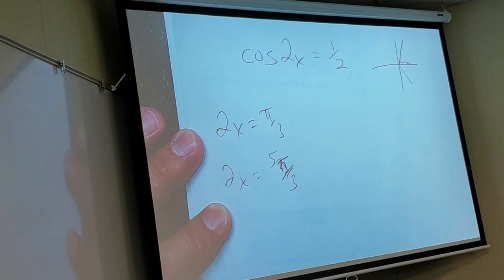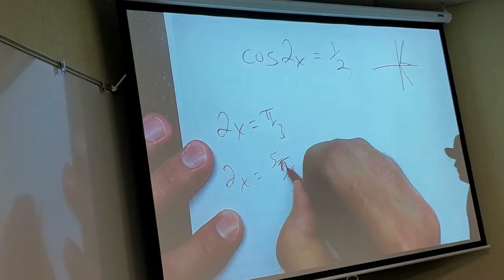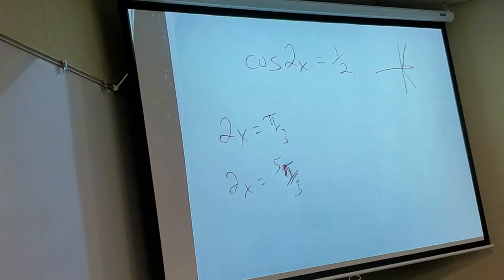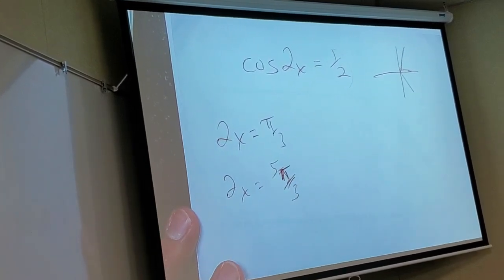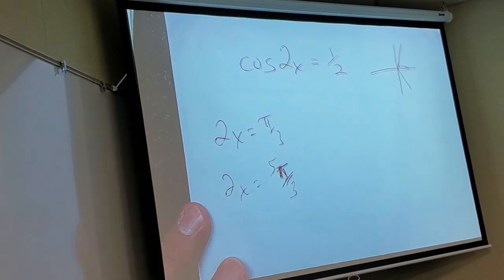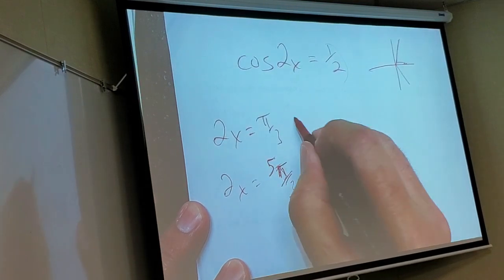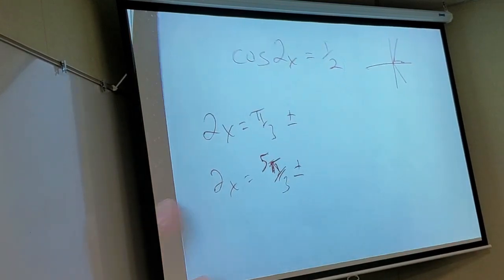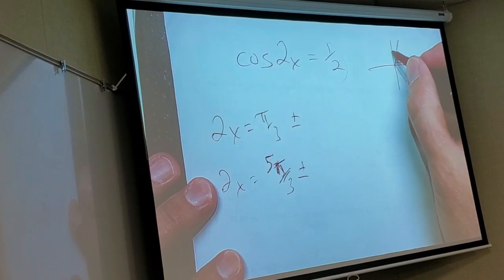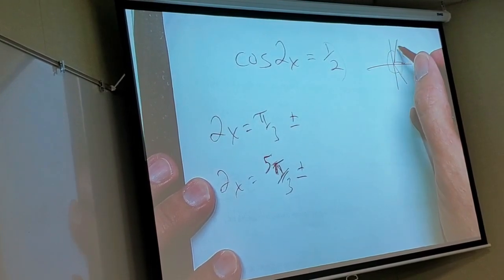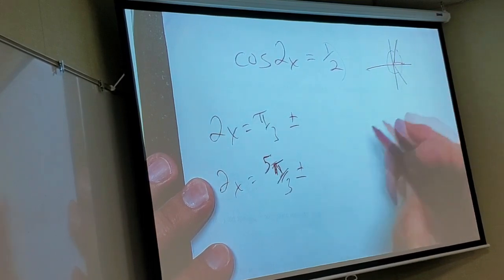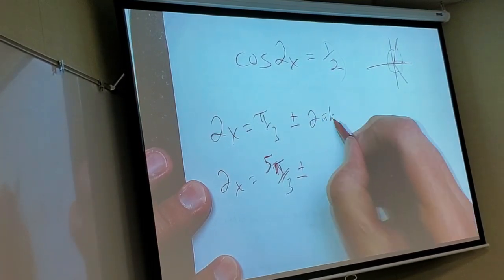Oh man, I haven't had to write in a while, so you're going to have a lovely time. Now, if I wanted all answers, what would I put on here? Because I can't capture that one on the way because these are not equally spaced, correct? Okay. So then this would be plus or minus 2 pi k, plus or minus 2 pi k.